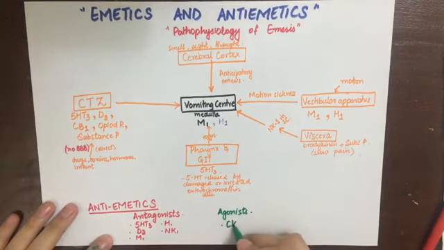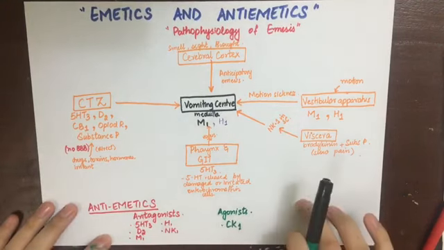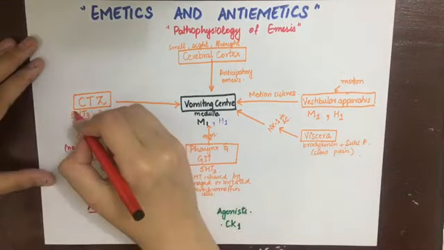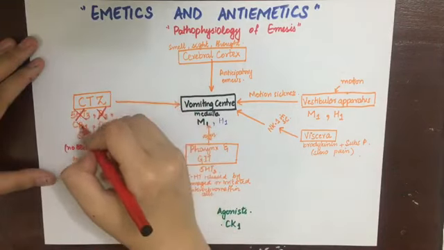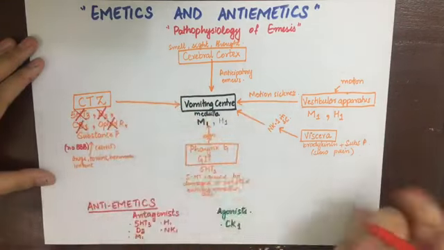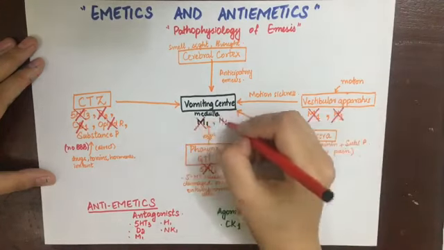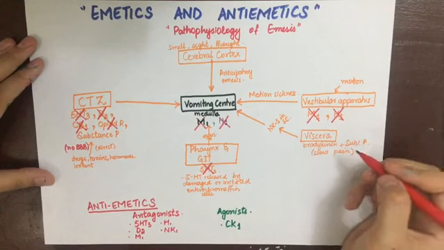Now, the agonists that we can use to stop vomiting are the cannabinoid agonists. Now, these receptors are basically responsible for pleasure, eating behaviors, and overall mood of the patient. If we antagonize all these receptors, we will stop vomiting.